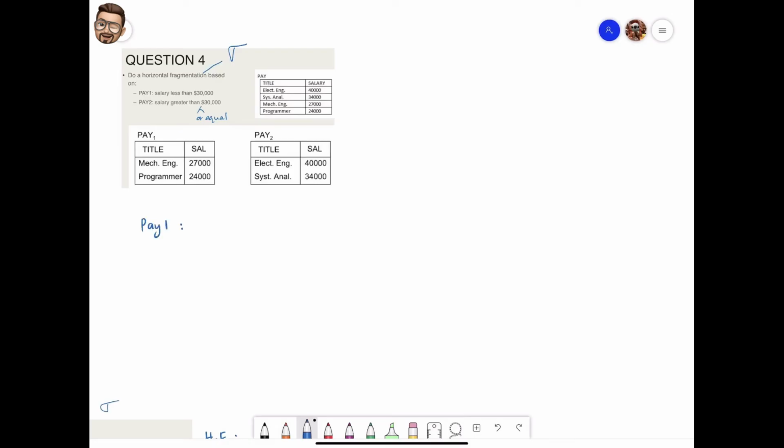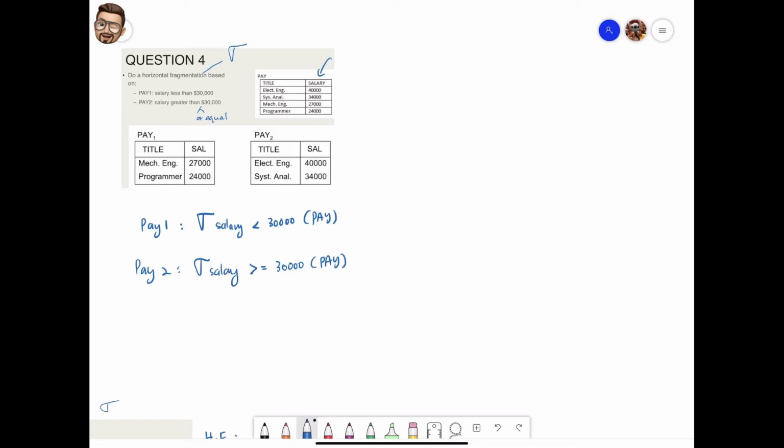Pay 1, so we want to select salary less than 30k from which table? Pay. And the second one, pay 2, we select salary greater than or equal to 30k from pay.